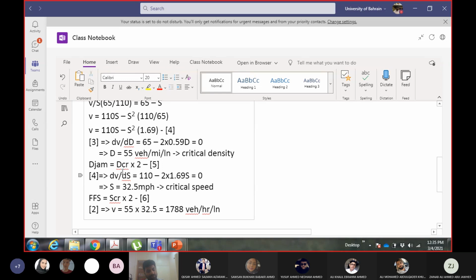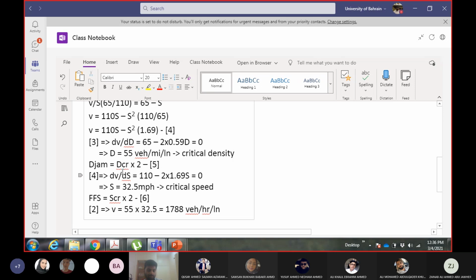For other equations, their type will remain the same. Linear will remain linear, second degree will remain second degree, their coefficients will change. The numbers in the equation will change. Okay. And let me go through the terms again. Free flow speed, the speed when density is 0.